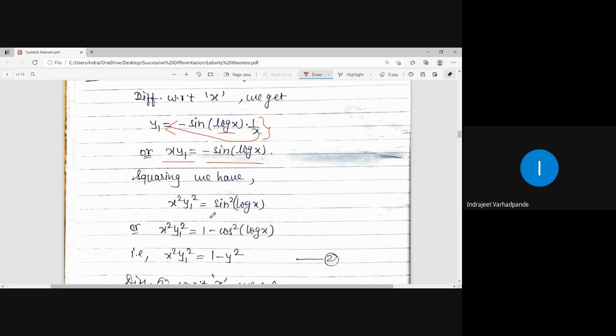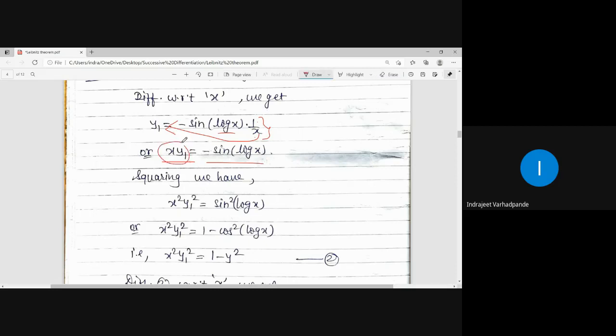Or if you wish, you can directly calculate the derivative. First term as it is into the derivative of the second, plus second term as it is into the derivative of the first, and this is minus cos of log x into 1 by x. I hope this is also a valid step. If you don't want to do squaring, you can go with this also.